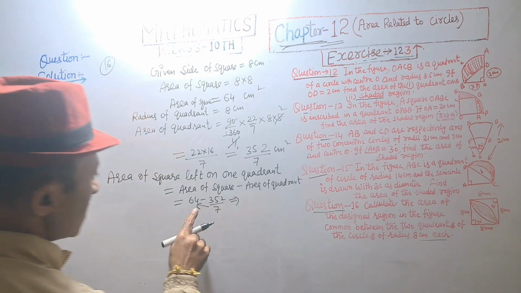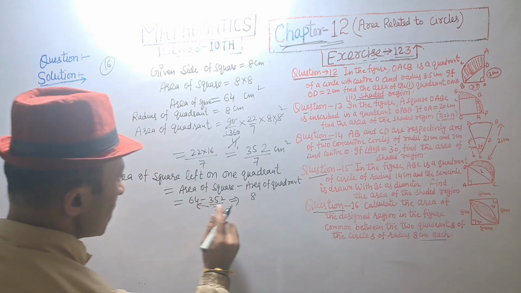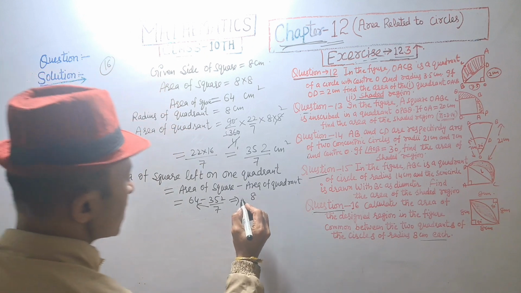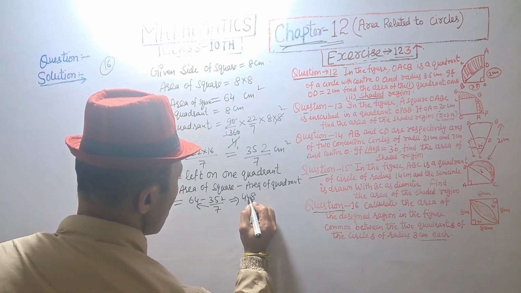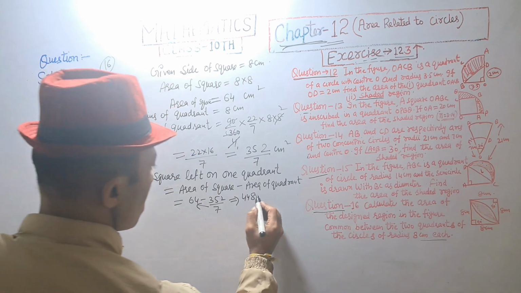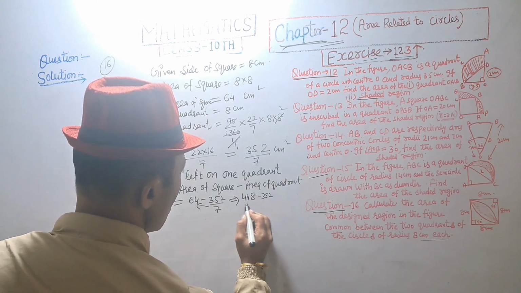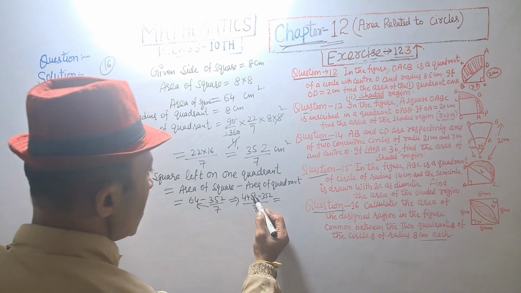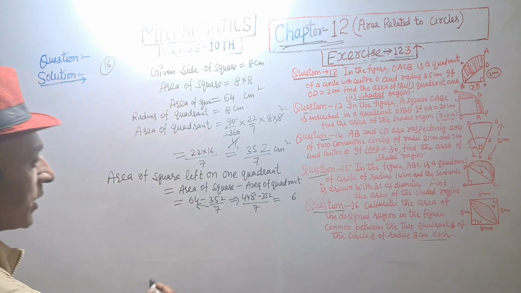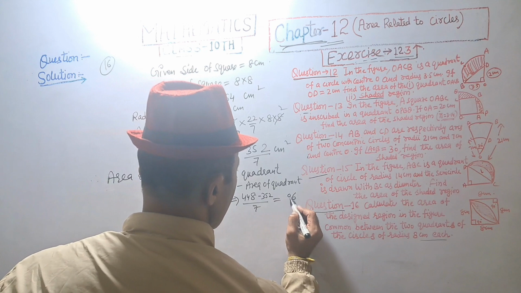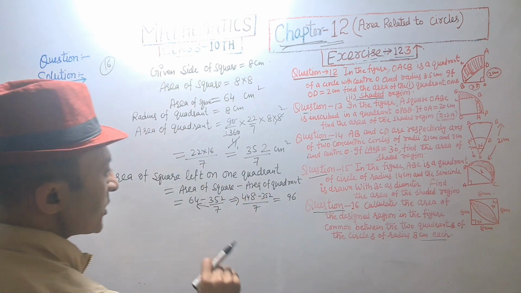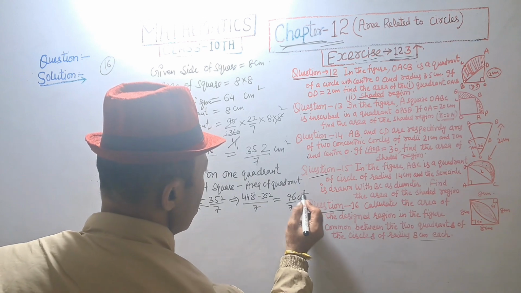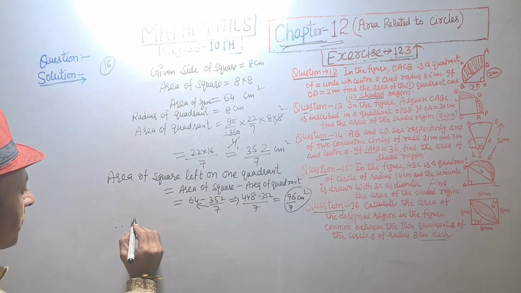This implies 7 times 64 is 448, minus 352 divided by 7, that is equal to 96 upon 7 centimeter square.